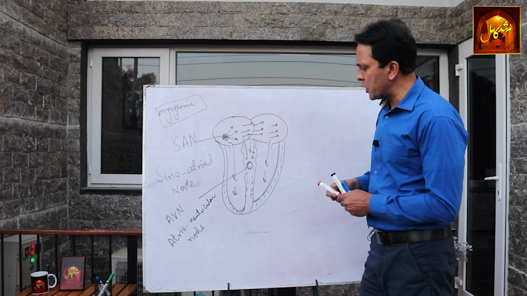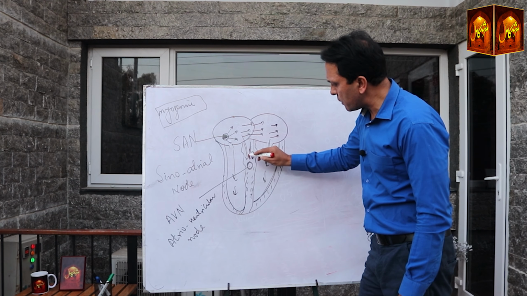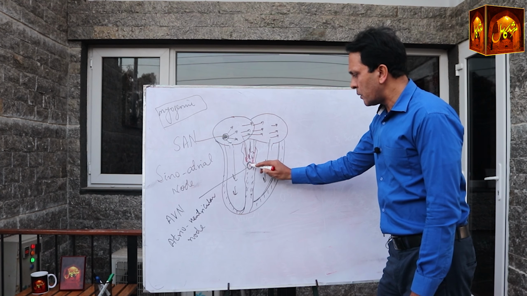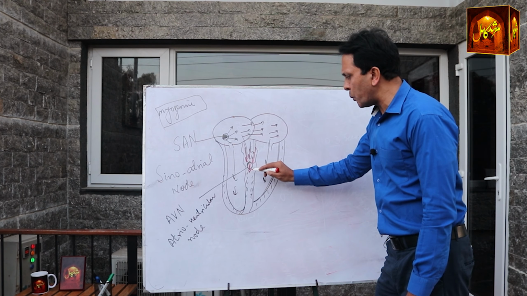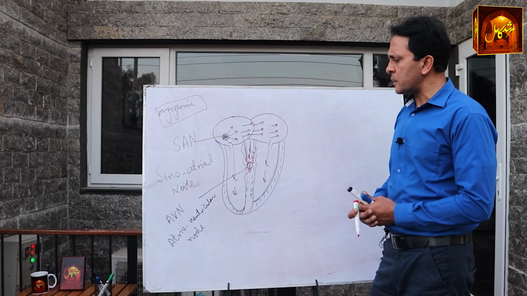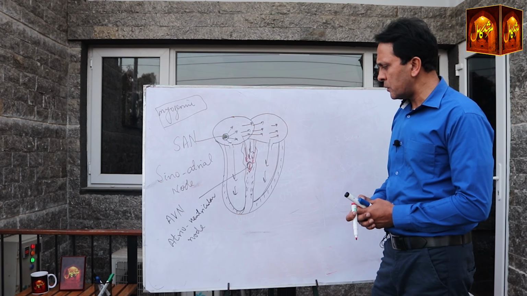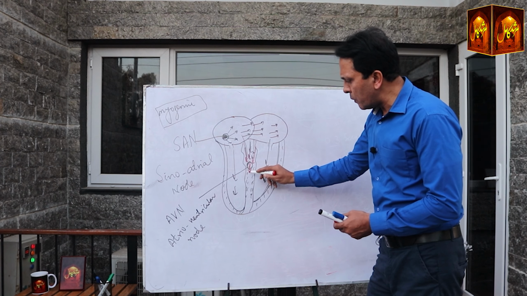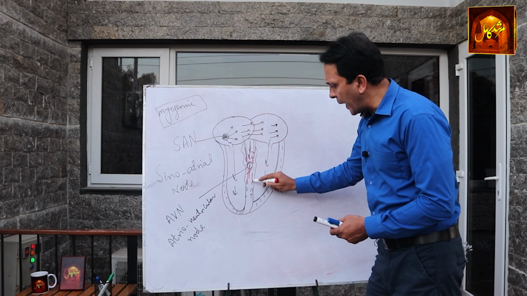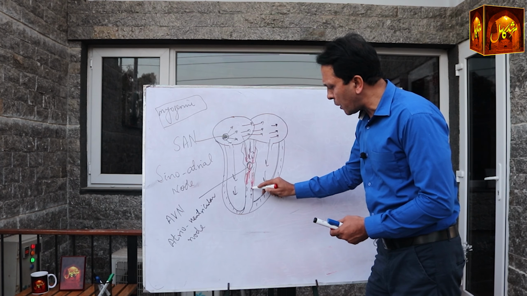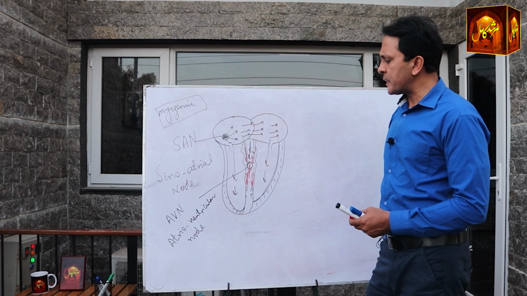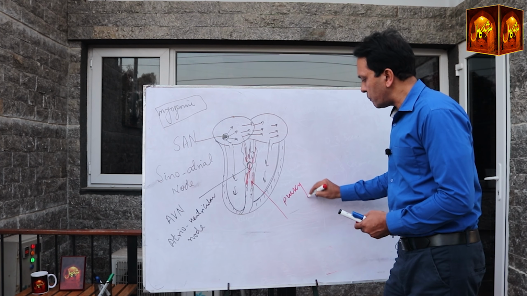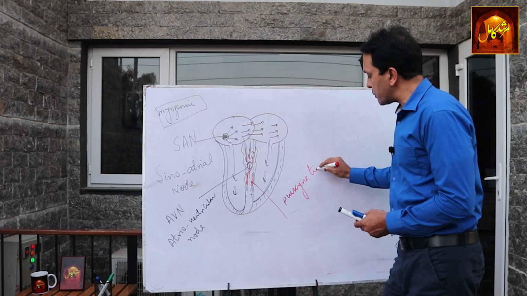When this wave of excitation travels towards the atrioventricular node, this node rectifies the wave of excitation. In this way, the wave will move into the Purkinje tissues which are present alongside the septum. These are Purkinje tissues.